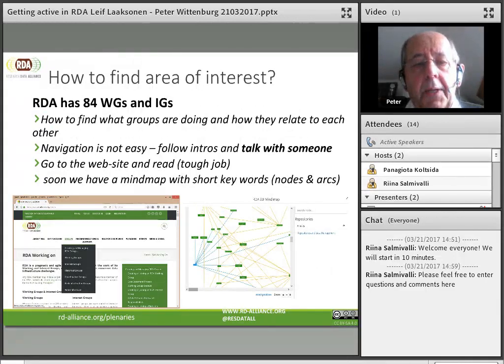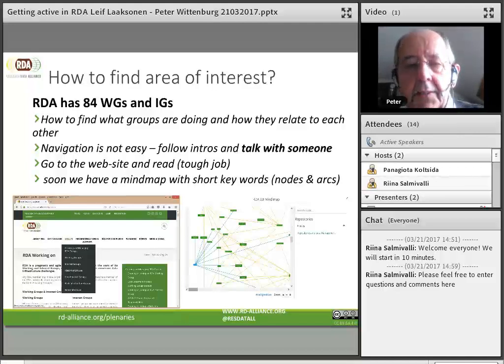There's always a problem in finding the way through all these 84 working groups and interest groups, and then you also have BOFs and so forth. We often hear people who come to plenaries who don't know where to go, right? So there's a problem. And this is not a problem specific to RDA.